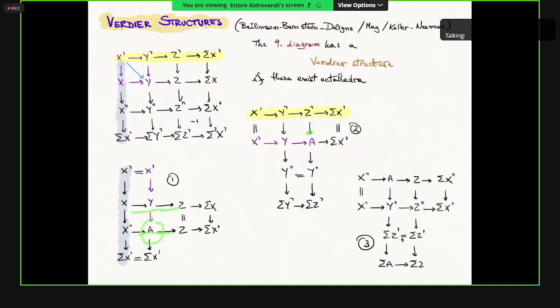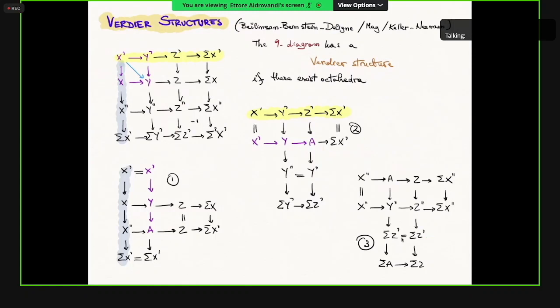And they all involve the object A. And so eventually you'll be able to construct from this 3rd octahedron the morphism that sits here. So this is a theorem by these people that says that if you have a square like this, it can always be completed to a grid, a 9 diagram, by exploiting these constructions.